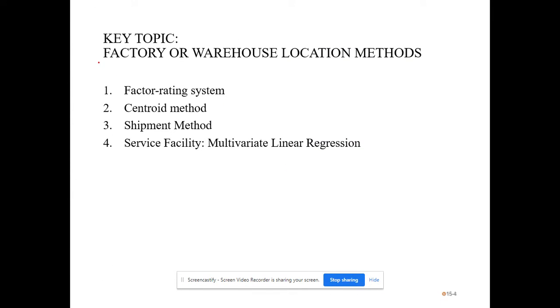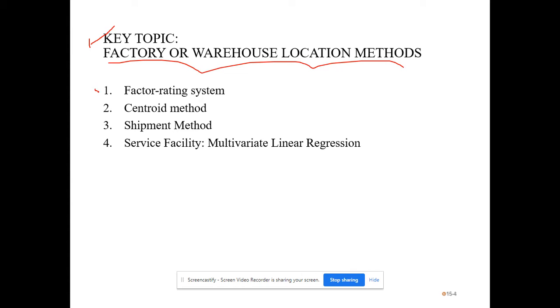So now I come to the main topic. The key topic of today's discussion is around factory or warehouse locations. So normally we have three methods, and then when we talk about service facility, we have a fourth method. So when we decide about the location of a factory or a warehouse for storage and inventory taking, we have these three methods.